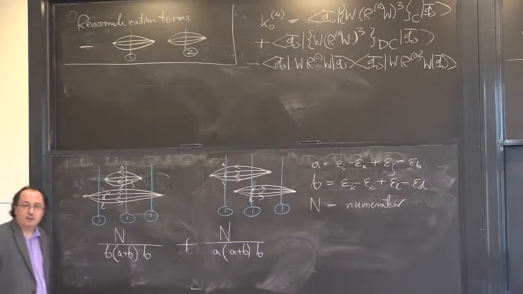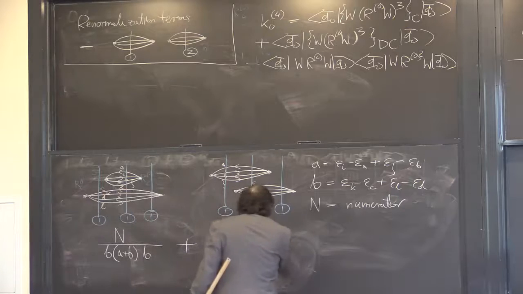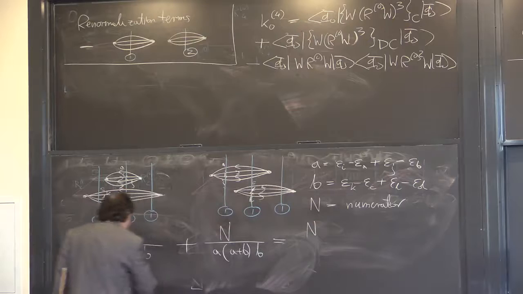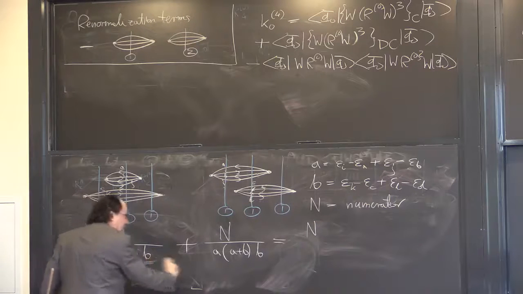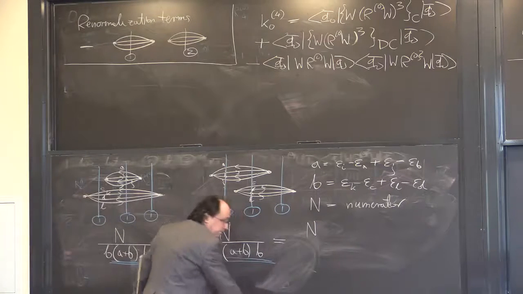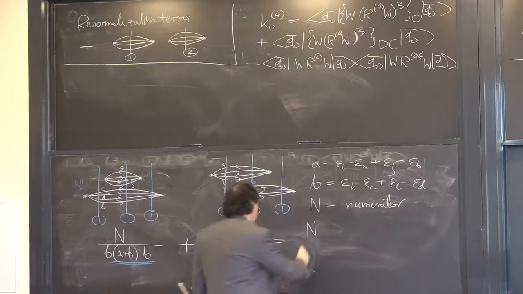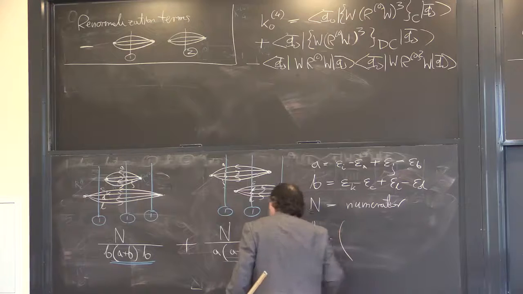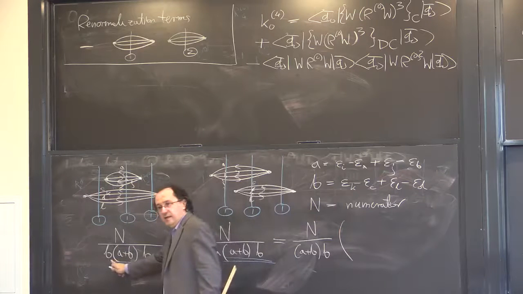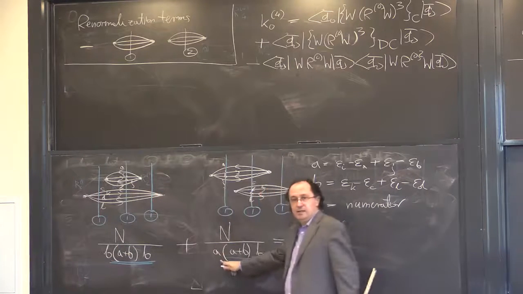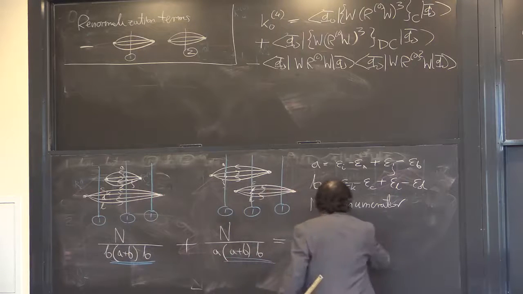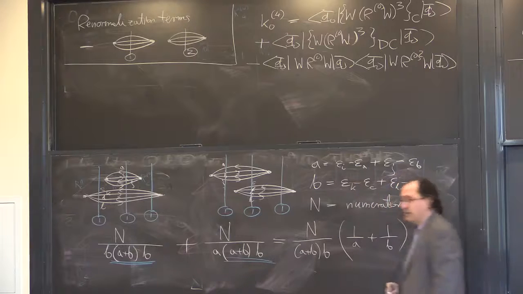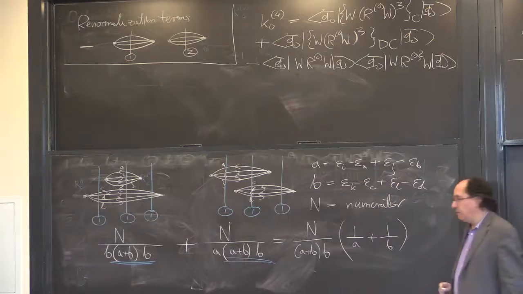Well, let's add this up. You can see that these two expressions have something in common: A plus B times B. So what we end up with is A plus B, B. And what am I left with? It's going to be 1 over B plus 1 over A. I will write it another way, as 1 over A over 1 plus 1 over B. What is 1 over A plus 1 over B?